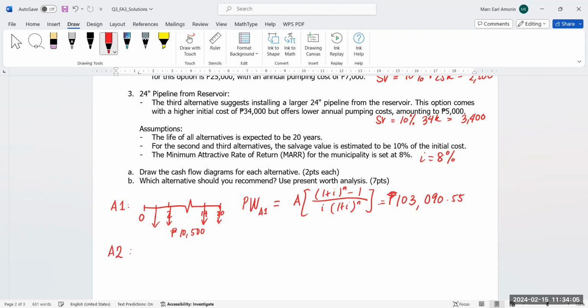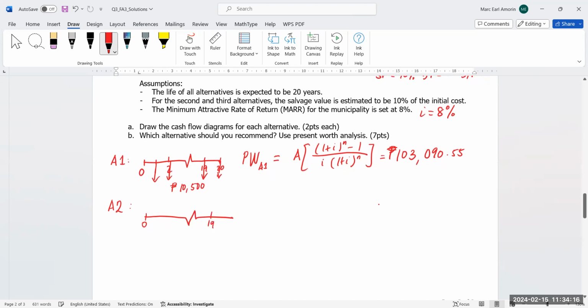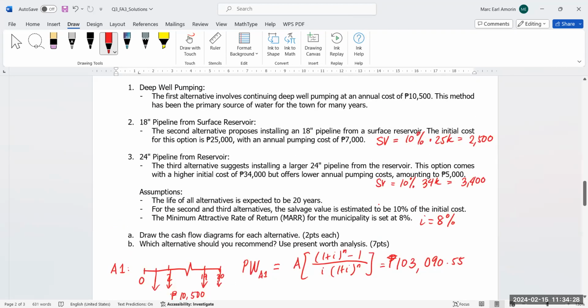So let's first draw its cash flow diagram. Okay, so again, we start from year 0 up to year 20. Okay, so this time for A2, our annual cost would be 7,000 pesos.